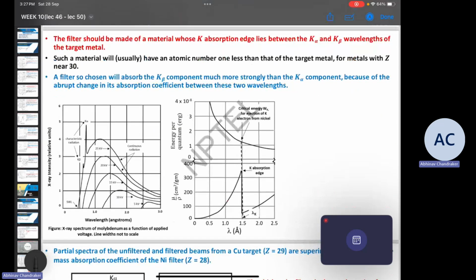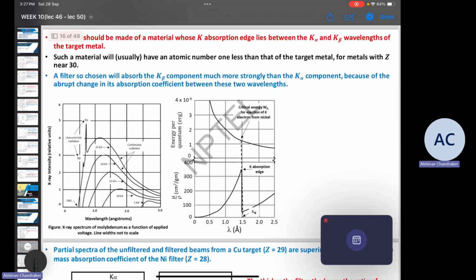And to do that, we have to select a filter material in such a way that it will absorb all the X-rays of energies which we do not desire, while retaining the X-rays of a particular energy value.